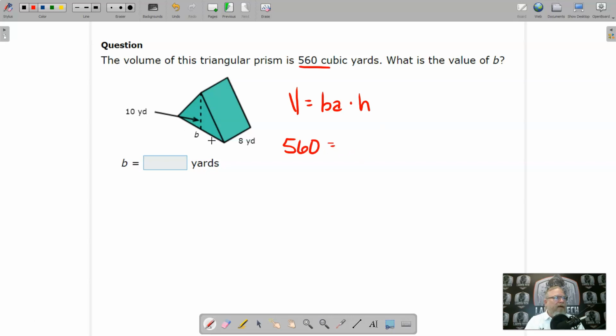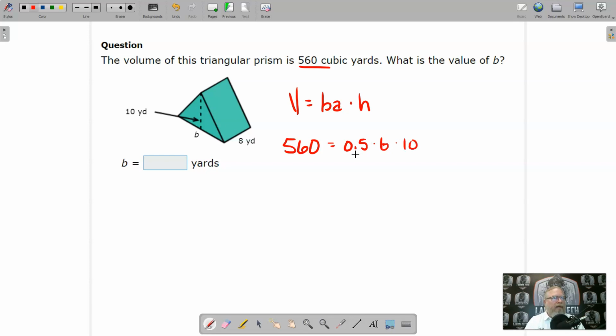The base area, oh, see, we're missing our base right here, but the base area of a triangle is 1/2 times base times height. So 1/2, I'm going to represent as 0.5, times the base, which is b, times the height, which in this case is 10.